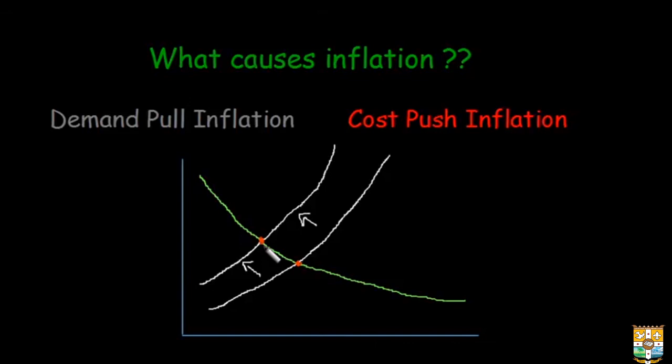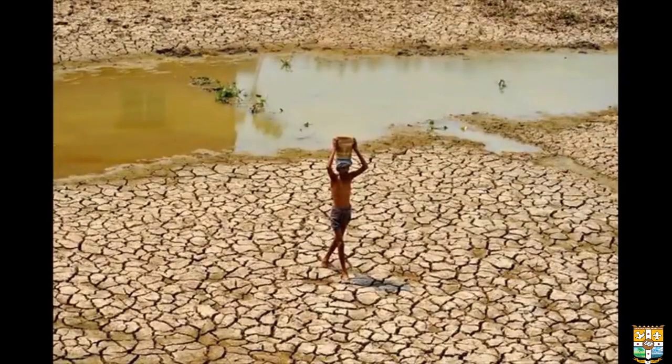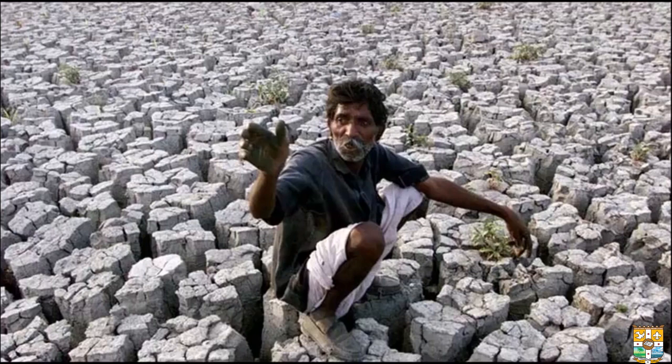On an aggregate level, for an economy like India, a bad monsoon could shift the supply curve upwards. Why? Because a bad monsoon could lead to lower production of agricultural produce, and because of that there could be lower supply, which could shift the supply curve upwards.